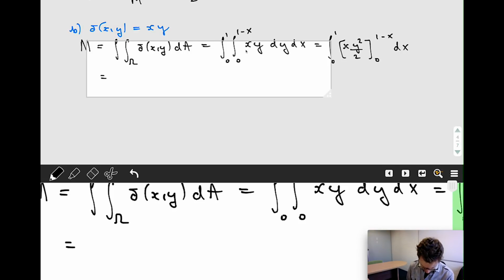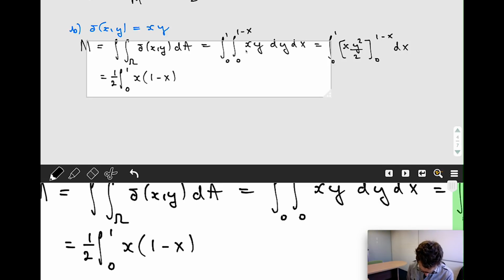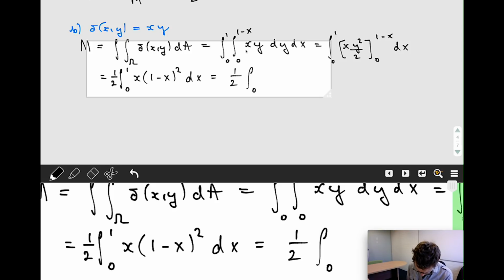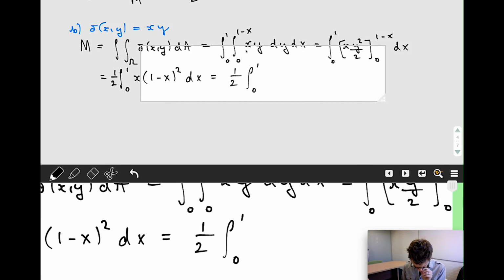Substituting in y equals 0 and y equals 1 minus x is going to give me, let's take out that factor of 1/2, x times 1 minus x all squared. We're multiplying that out. I'm going to have x times 1 minus 2x plus x squared, or x minus 2x squared plus x cubed.